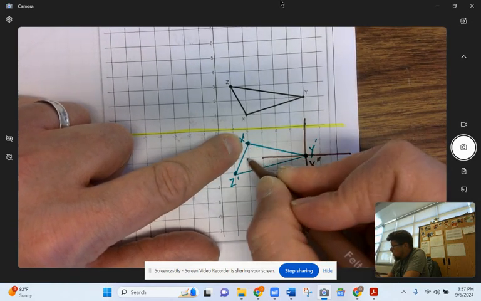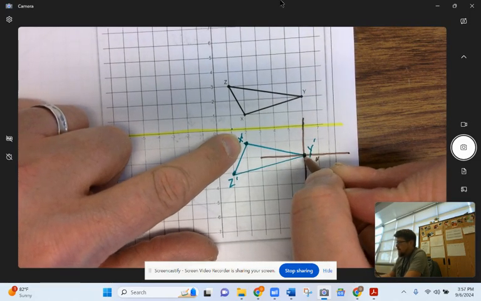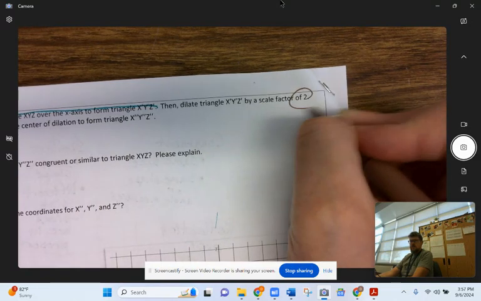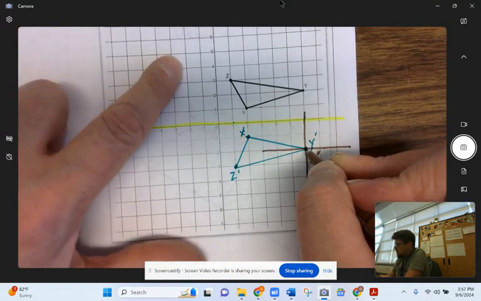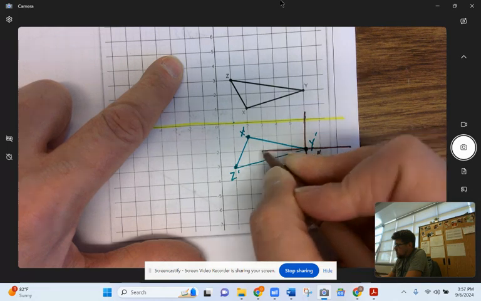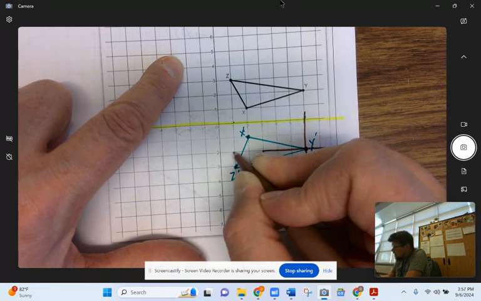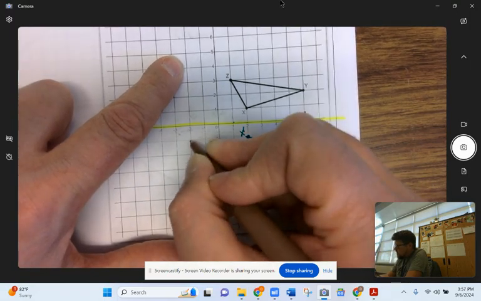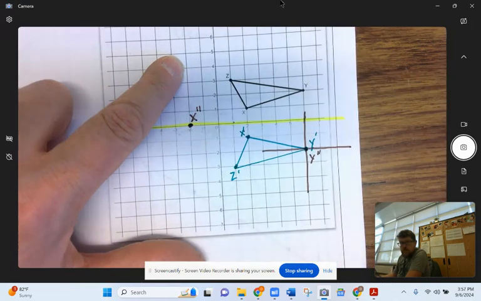Sorry, -4, because it's left, right? And so then the new point after we dilate it by a scale factor of 2 is going to be -8, 2. So we would go left 8, 1, 2, 3, 4, 5, 6, 7, 8, and then up 2 right there. That becomes x double prime.